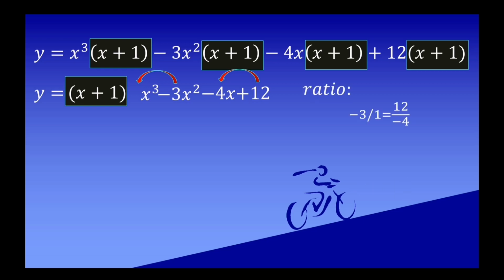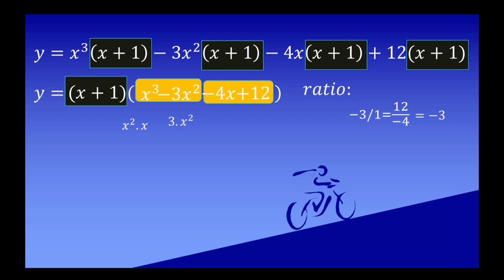So negative 3 divided by 1 is equal to 12 divided by negative 4. All the ratios are equal to negative 3. So let's find the GCF of the first two terms and the last two terms. For the first two terms, the factor of x cubed is x squared times x, and the second term 3x squared is 3 times x squared.